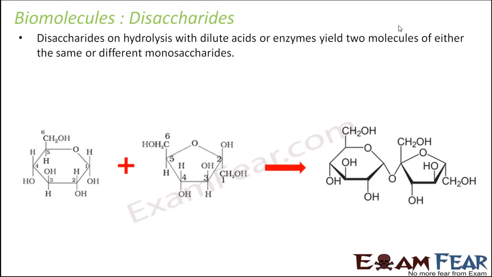It will give 2 units of monosaccharides. An important point to note is that those 2 units of monosaccharides can be the same or different. For example, in case of sucrose, the 2 units are glucose and fructose, so they are different. But in maltose, both the units are the same.